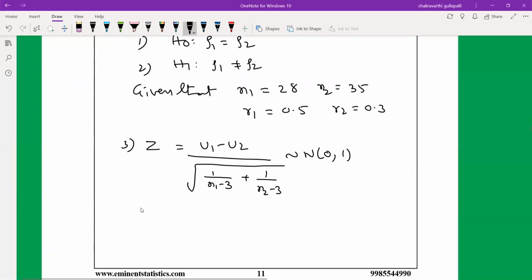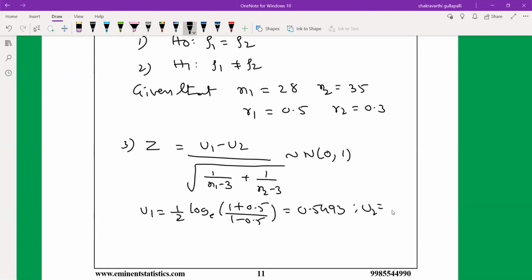Now, what is the U1 formula? U1 is 1 by 2 log base e of 1 plus R1, value 0.5, by 1 minus 0.5. After simplification, tables are also available, so we can directly calculate using a calculator. This value is 0.5493.